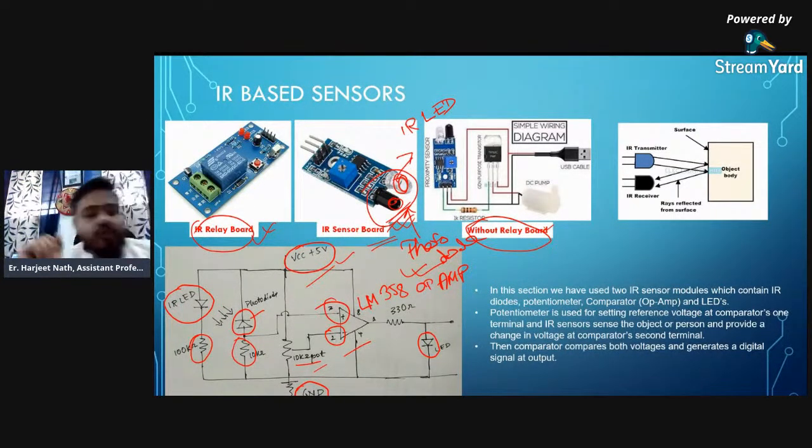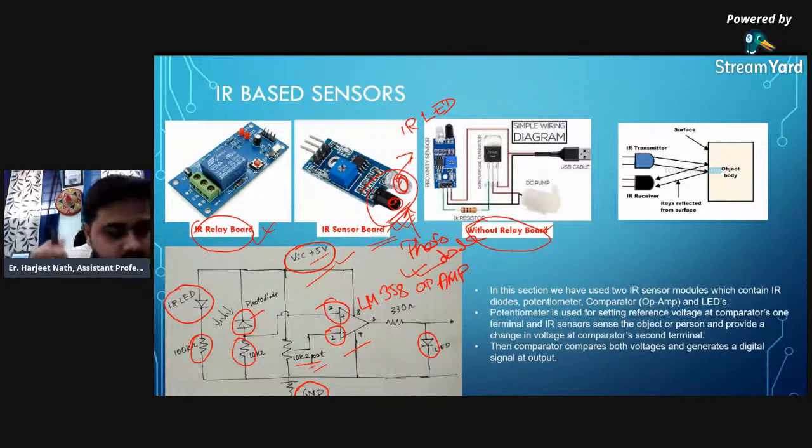Why is that? Let me give you an example. For example, if you keep this potentiometer at 4 kilo ohms, the supply voltage of 5 volts in combination with this 4 kilo ohm will give some voltage, and that will go to pin number 2.